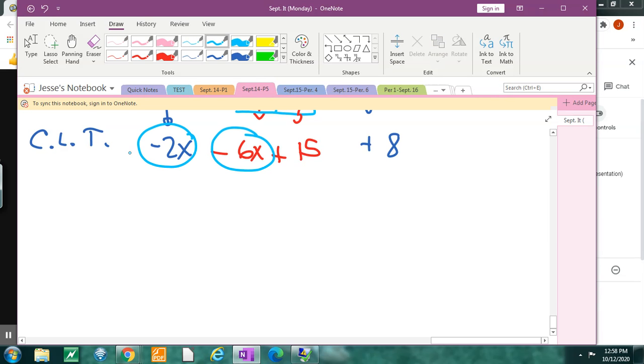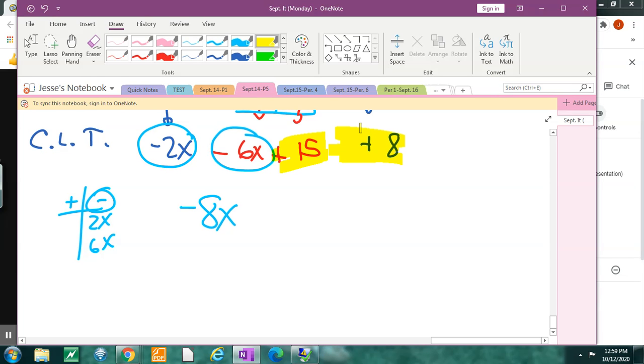Remember, that's the t-chart. So negative 2x, negative 6x, my answer is negative 8x. And then the constants, 15 plus 8 is 23. So it's positive 23.